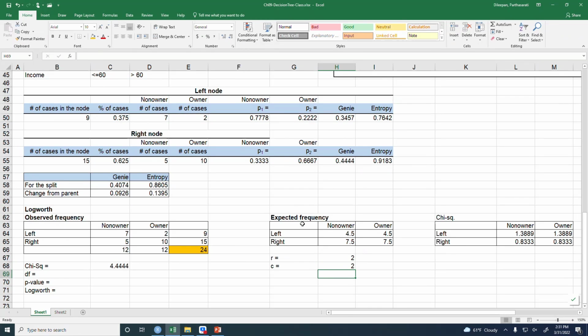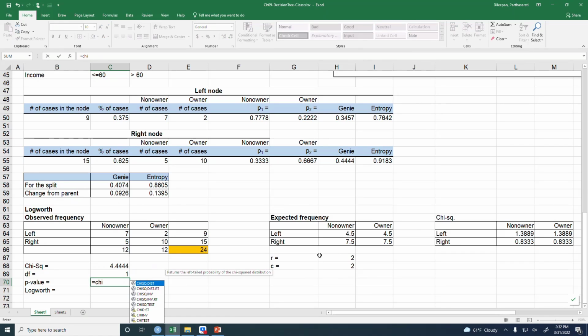So degrees of freedom is r minus 1 times c minus 1. Then we can compute the p-value using the chi-squared distribution function. We want the right side of the chi-squared distribution, and that would be the calculated chi-squared value, comma, degrees of freedom. So this will give us the p-value.